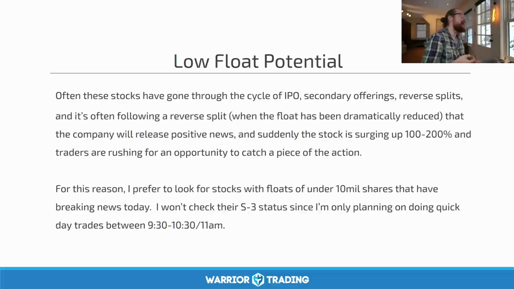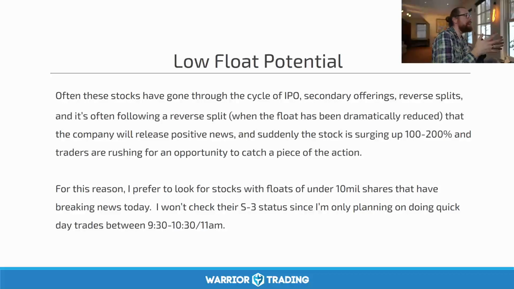We'll be therefore more popular among regular traders. The float's lower, therefore that news might have a stronger effect on the stock. We don't know, but in any case, it's a very common pattern. Reverse split, positive news coming out, suddenly the stock surges up 100, 200, 300% or more, and traders are rushing for an opportunity to catch a piece of the action.